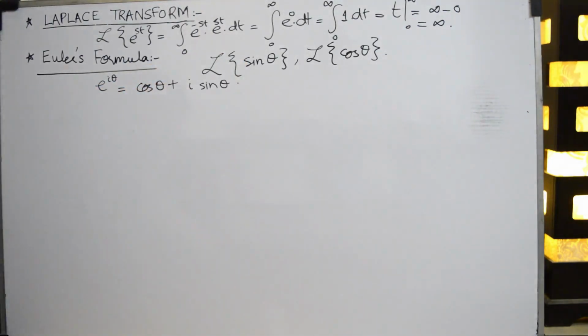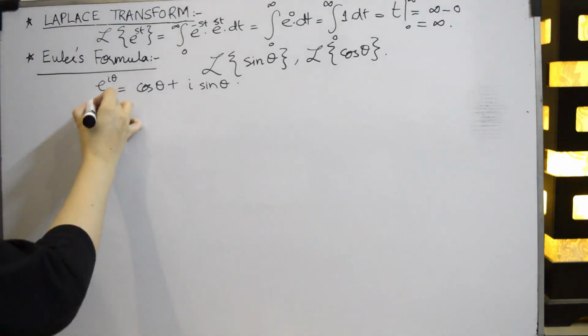You have to remember that cos theta is the real part of this identity, and sine theta is the imaginary part, just like alpha plus iota beta, where this is the real part and this is the imaginary part.